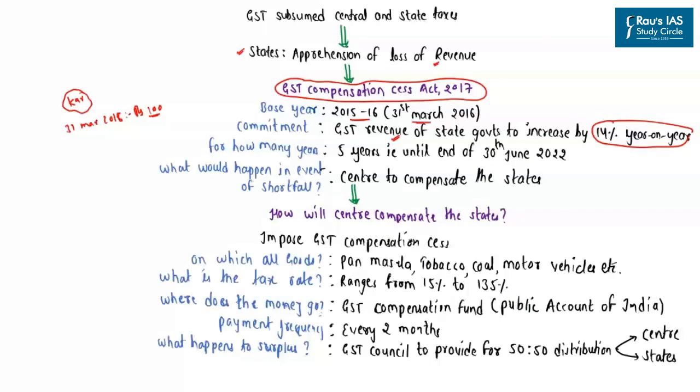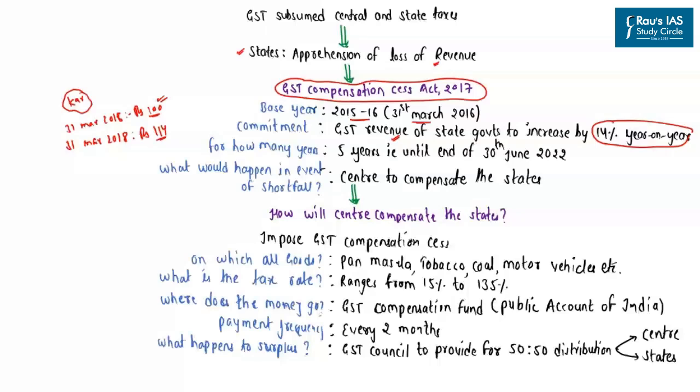As I said, GST was introduced on 1st of July 2017. So as on 31st of March 2018, this revenue of the state government should actually increase by 14%. So this should be 114.